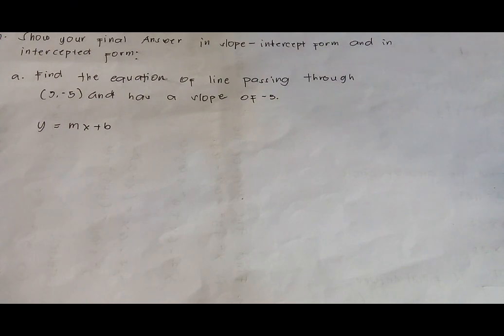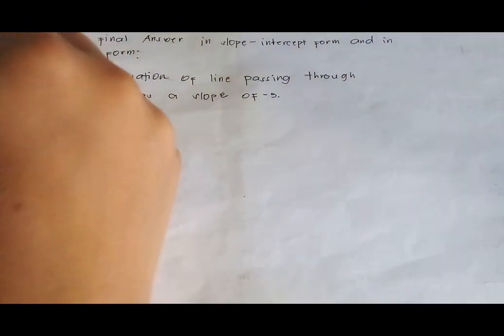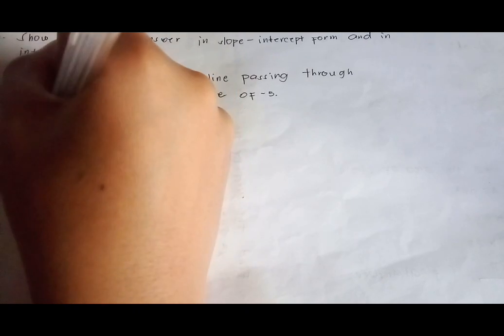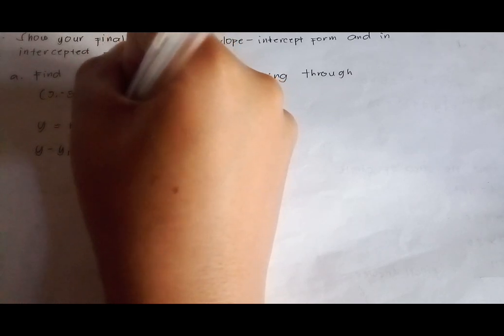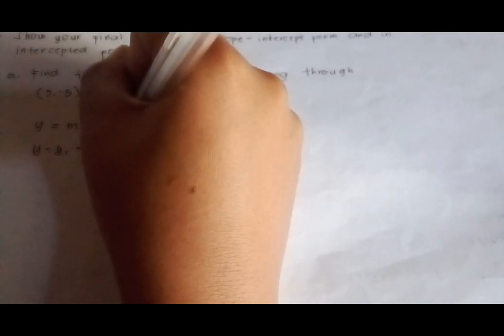Use the point-slope form of the equation of a line, which is y minus y sub 1 is equal to m times x minus x sub 1.